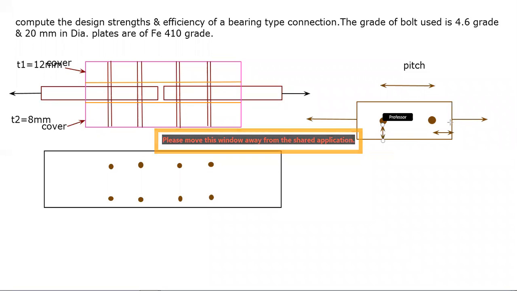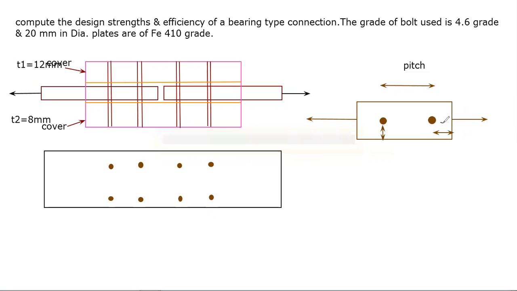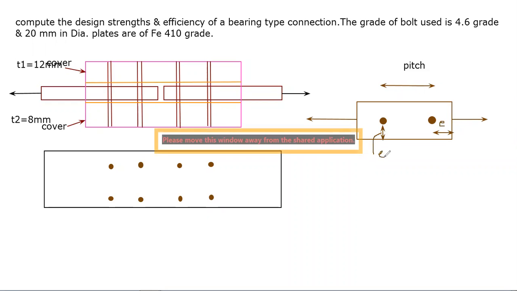Along the force, parallel to the force, you are having the end distance, that is E, and along this edge you are having the edge distance. So this is the difference between these two. This is your force and that force will be your tensile force in this case. The distance between these two rows of the bolts is pitch.